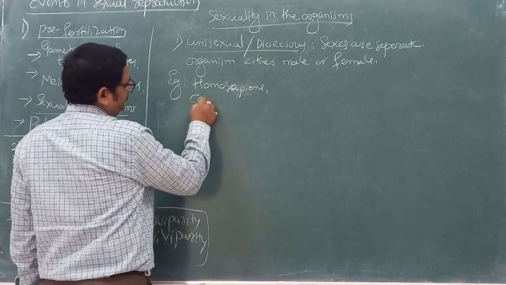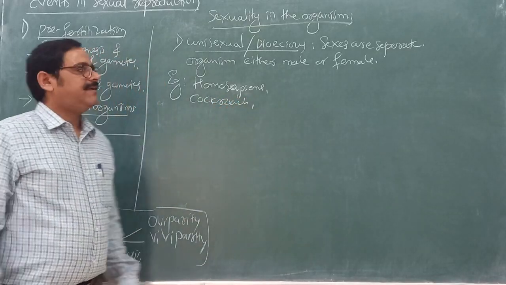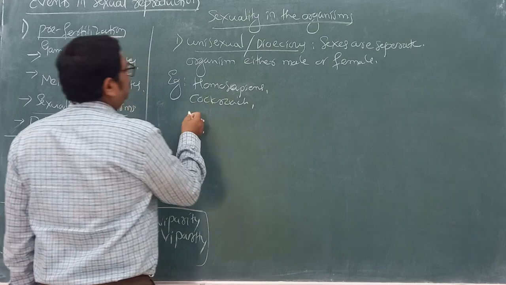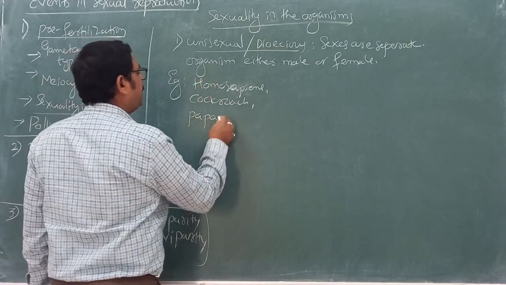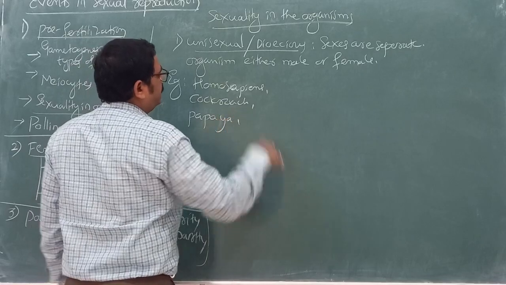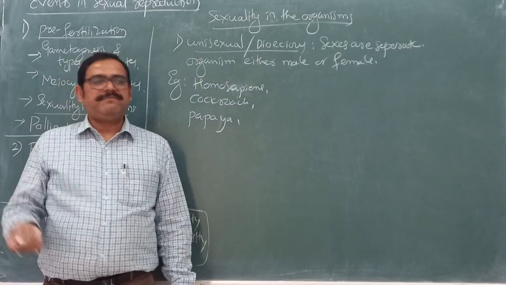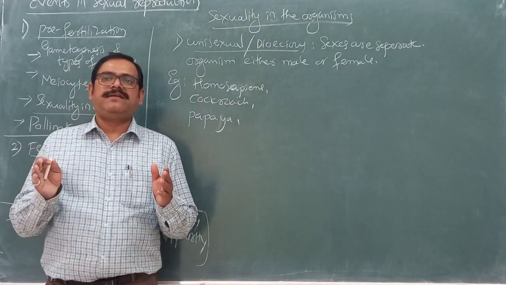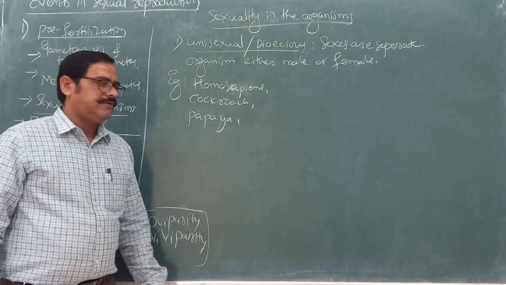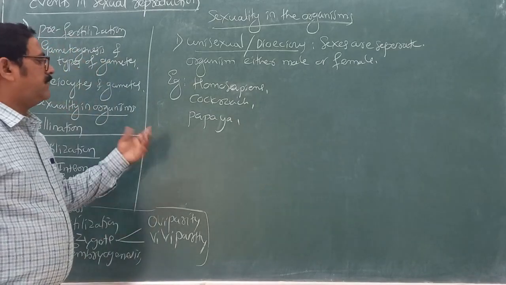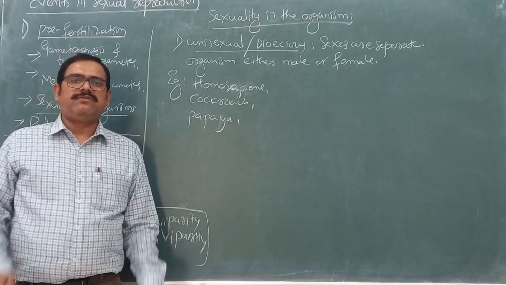Cockroach is unisexual. And then the plant, mainly papaya. Papaya is unisexual. The papaya plant will be either a male plant or a female plant. The flowers it produces are unisexual flowers.